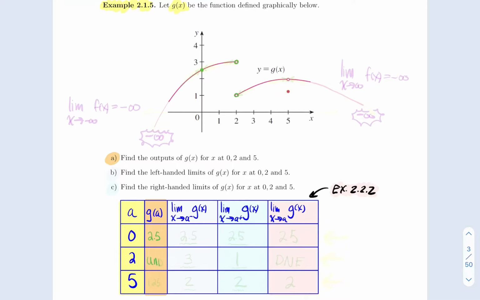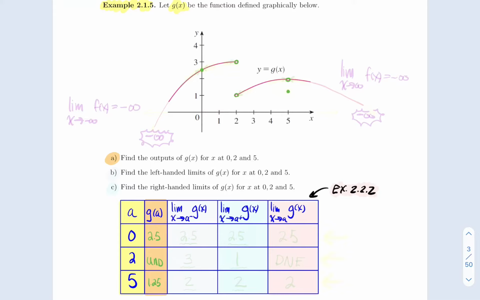Then at 5, I have a hollow dot, but I also have a full dot, and the height of the full dot looks slightly bigger than 1, so I'll use 1.25. So this is just evaluating the function at 0, 2, and 5.